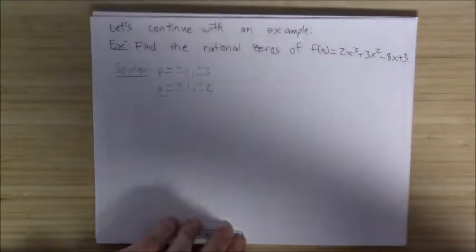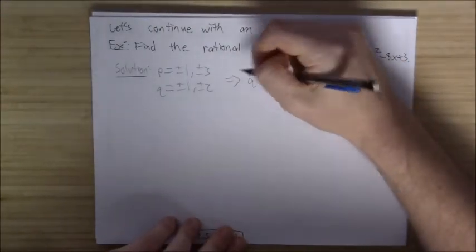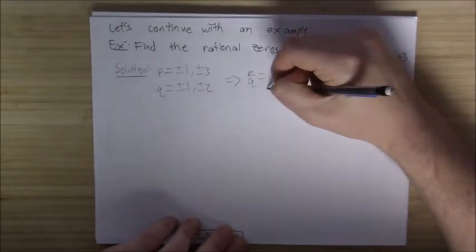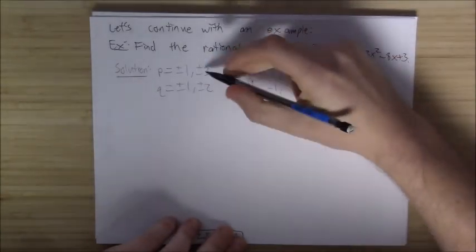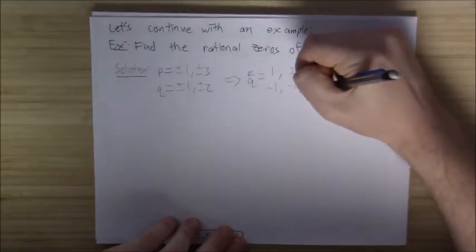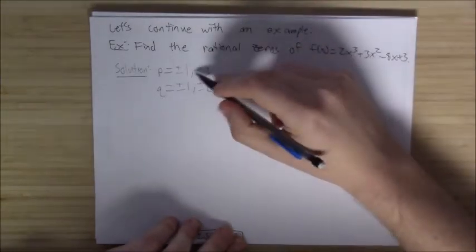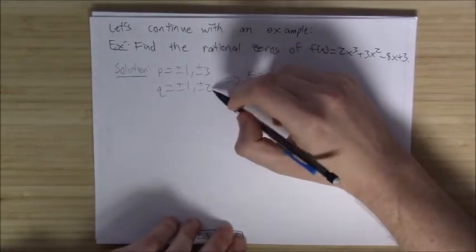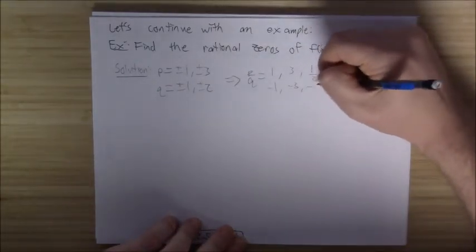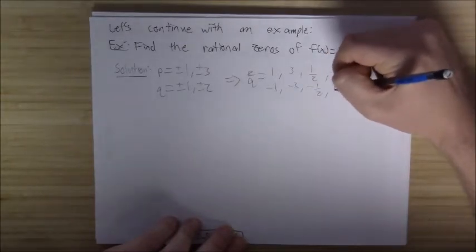And this gives us several possible rational zeros. P over q could then be 1 or negative 1, 3 or negative 3, and then putting each of those over 2 would give us 1/2 or negative 1/2, and 3/2 or negative 3/2.